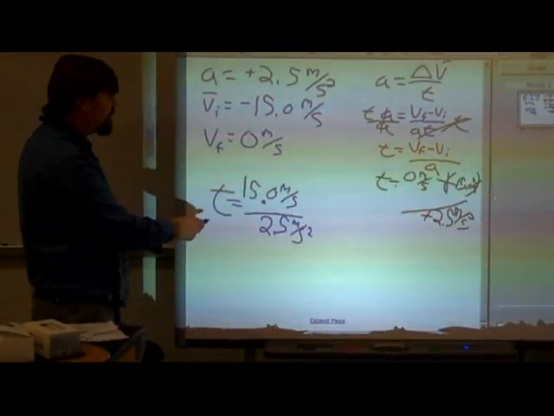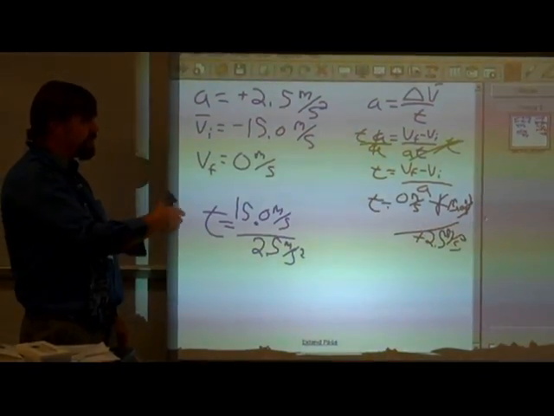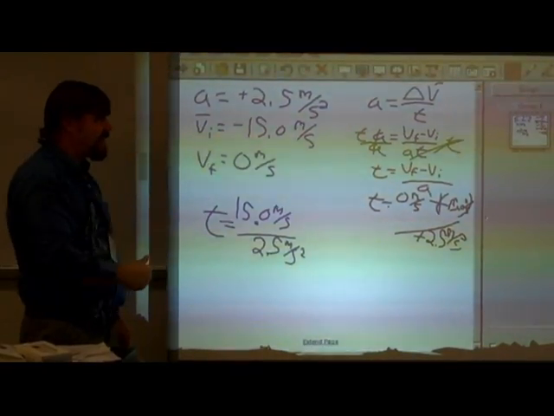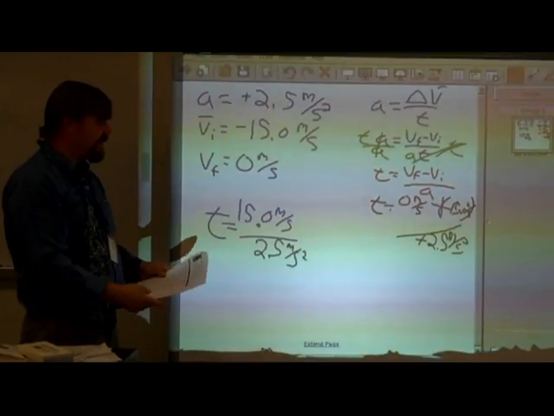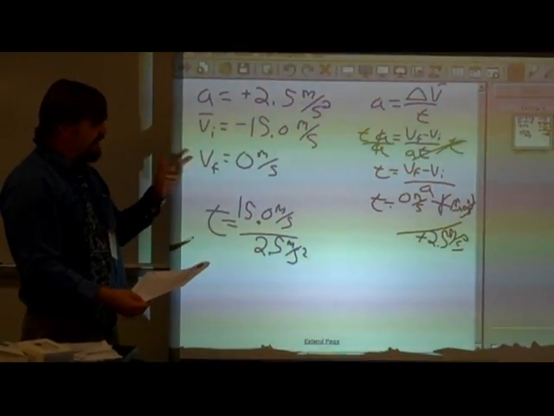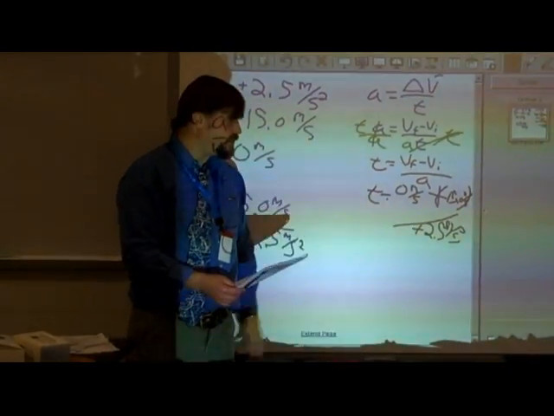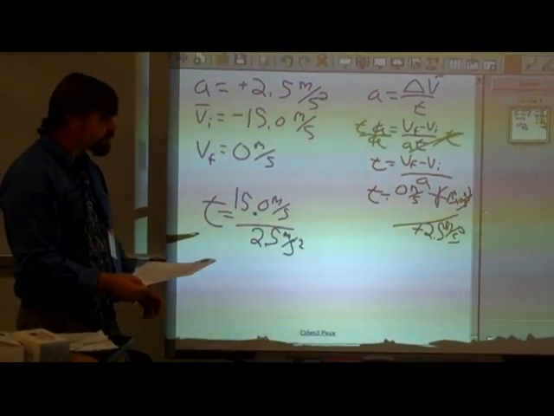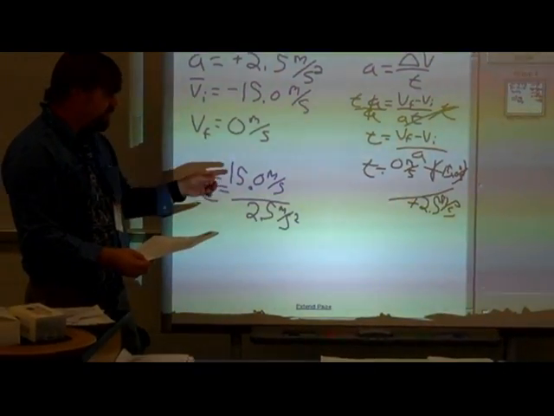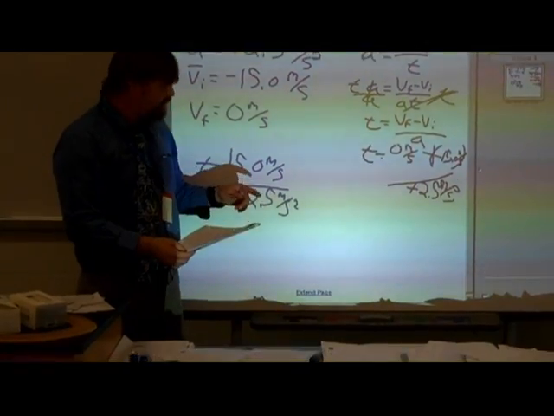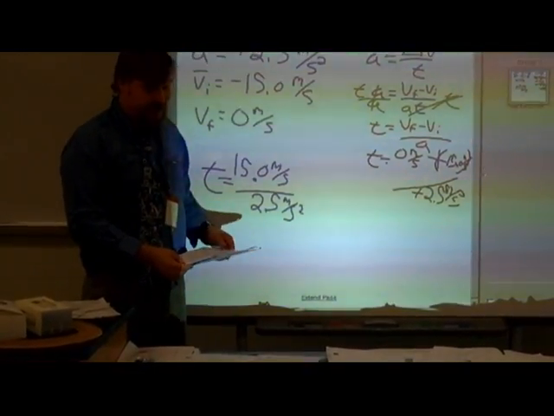Right? And that's the time it takes for this car to go from going backwards to coming to a complete stop. Now, if it continues in the same motion to get back to speed, you'll see that the second part of the problem will mirror the equation that you're using here, and in that instance, all you have to do to figure out the entire time is take whatever this answer is right here, times 2, and that gives you your final answer.